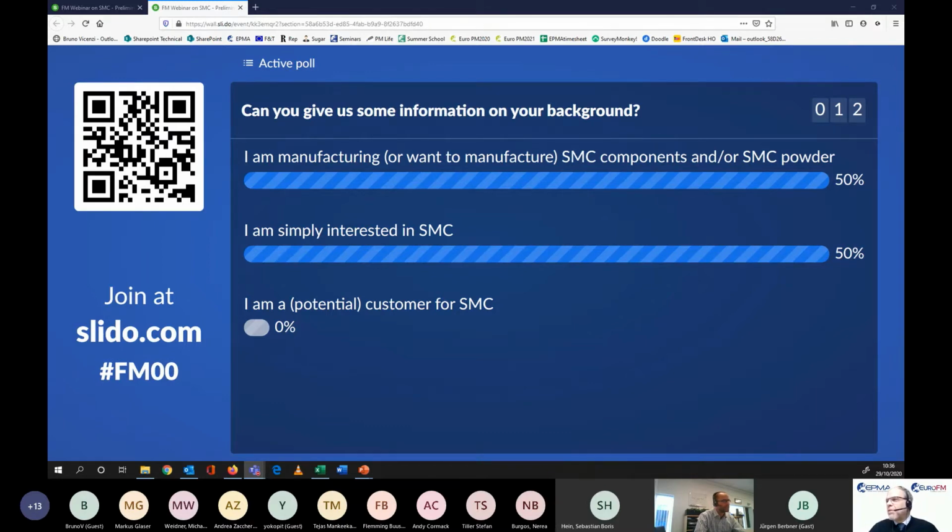Okay, so we don't have many votes in the Slido, but half and half are manufacturing or wanting to manufacture, or simply interested. I don't know if there are problems connecting with Slido for the other half, or more than half, of the people, but maybe we can switch to the second question now to go further in the webinar.